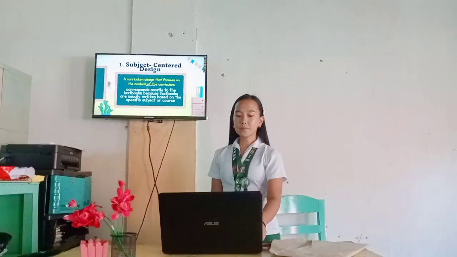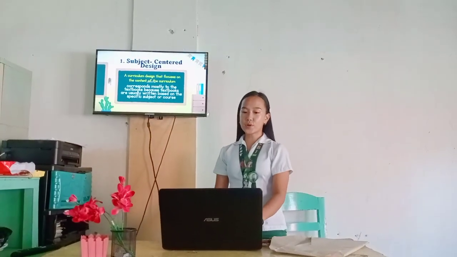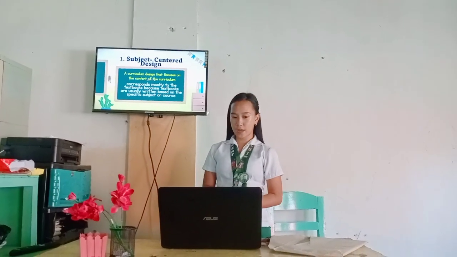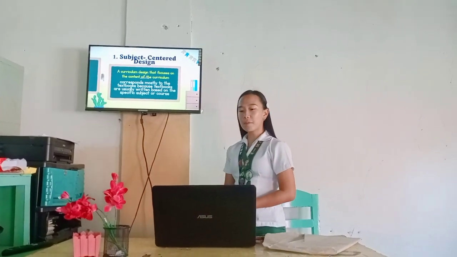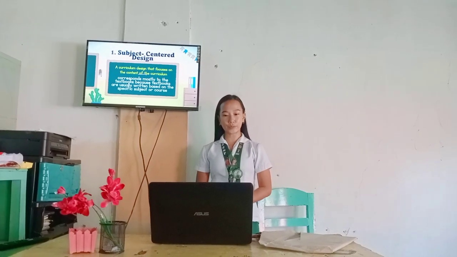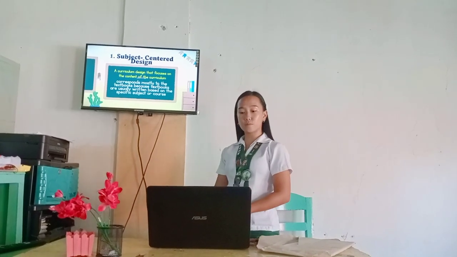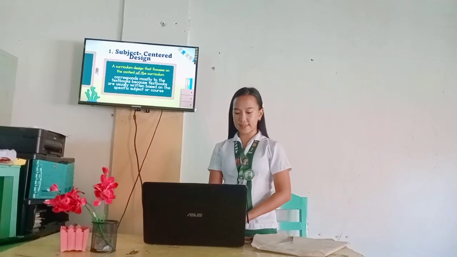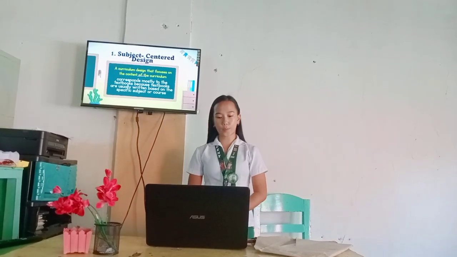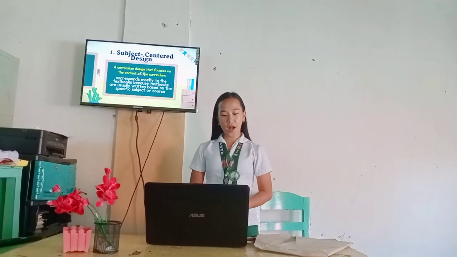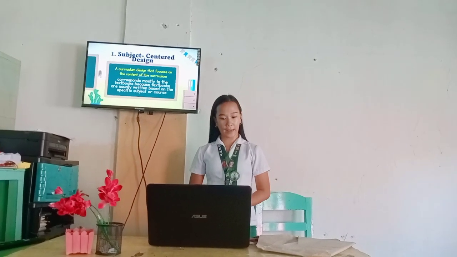Okay, so a subject-centered design is a curriculum design that focuses on the content of the curriculum. It corresponds mostly to the textbook because textbooks are usually written based on the specific subject or course. Subject-centered design is an approach that focuses on organizing learning around specific subjects and disciplines.